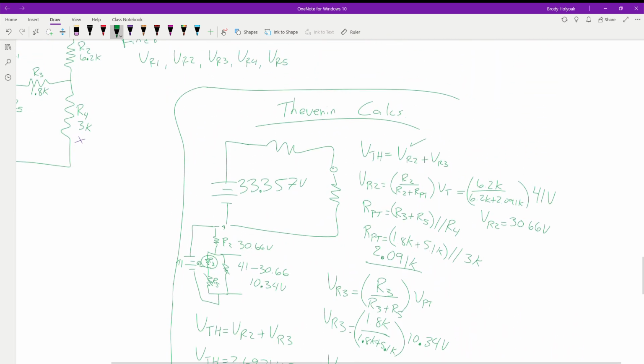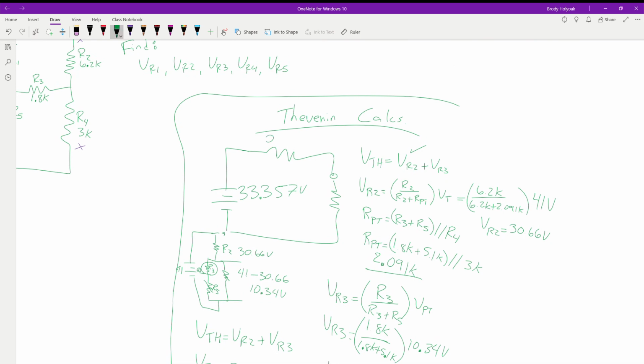Yep. So we'll come back up here. So we got the 2.185. And now we'll come back to the 1. So we plug R1 back in here, which is 1K.